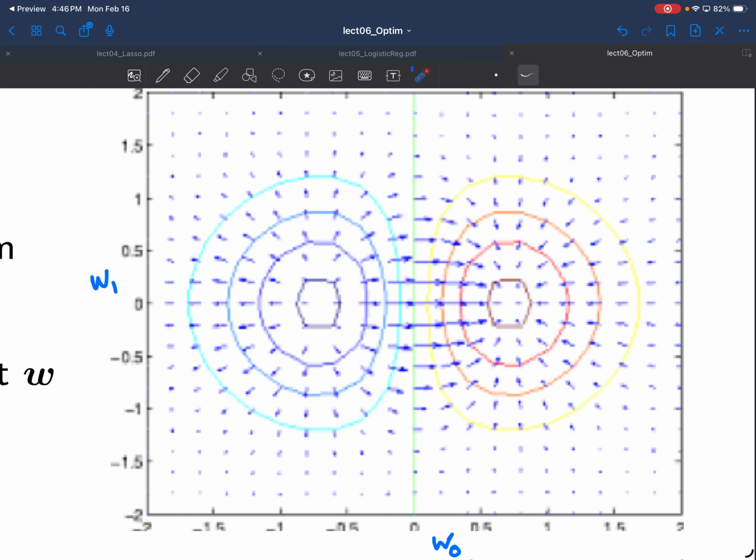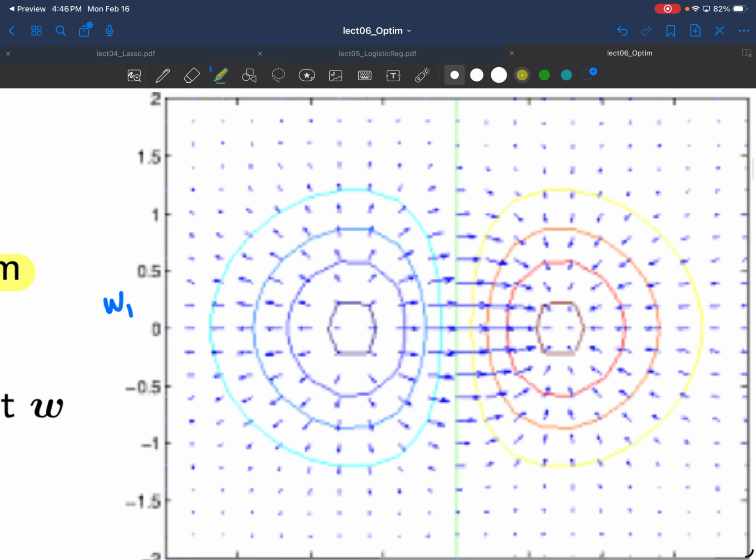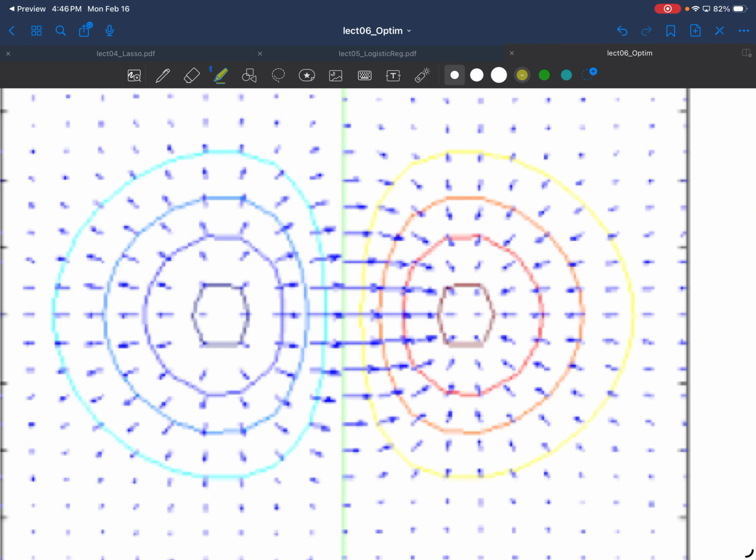Okay, but this is what I wanted to emphasize, the direction of maximum increase. So when those arrows are pointing in, remember they're telling you where uphill is. So what does that tell us? It tells us the direction of the maximum is in. Yeah, right, exactly.